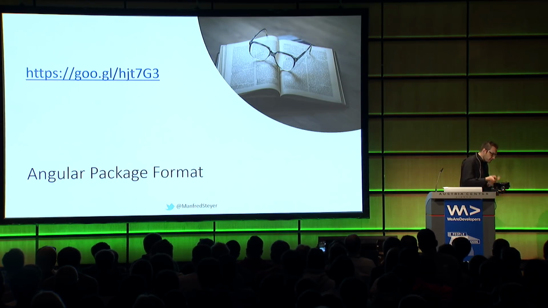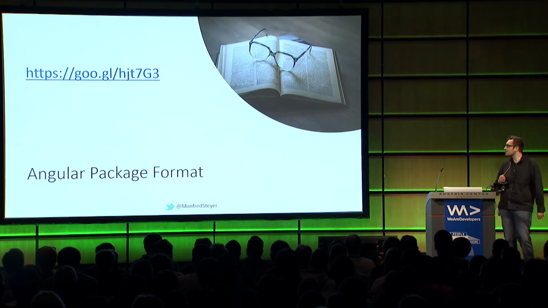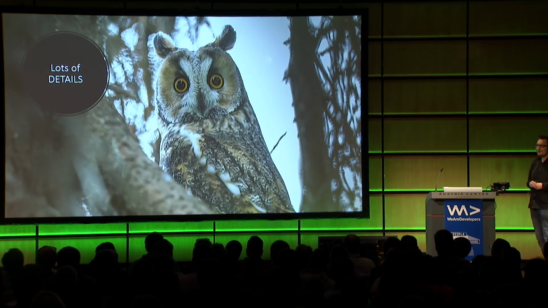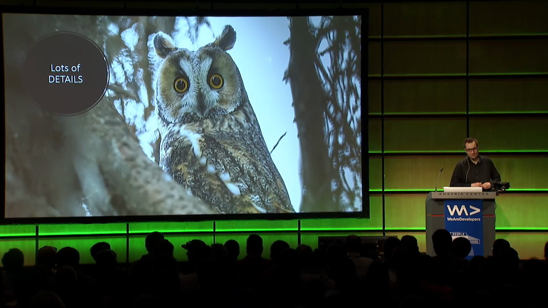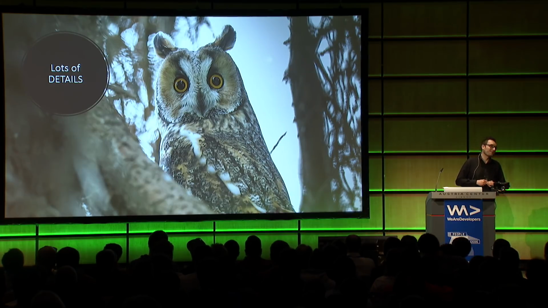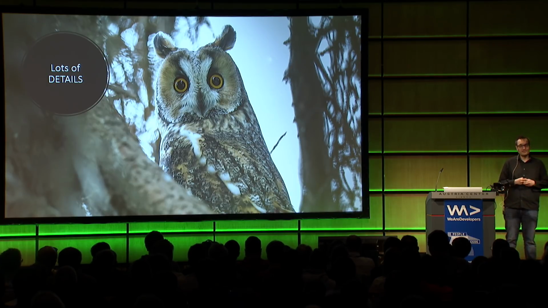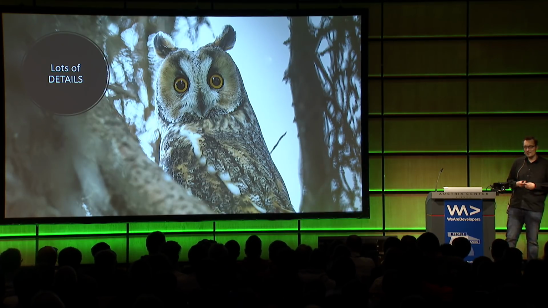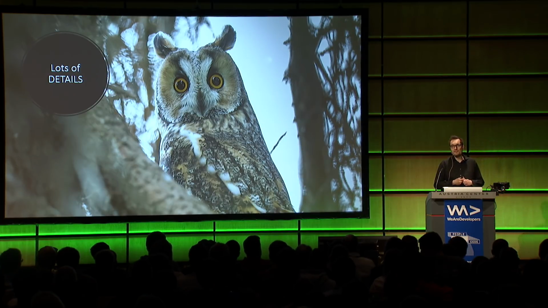And when you read through this document, you will very likely look like this guy here. You will look like an owl after the forest fire, because there are so many details in there. And of course, each and every detail makes sense to make an optimized library, but it is just overwhelming.